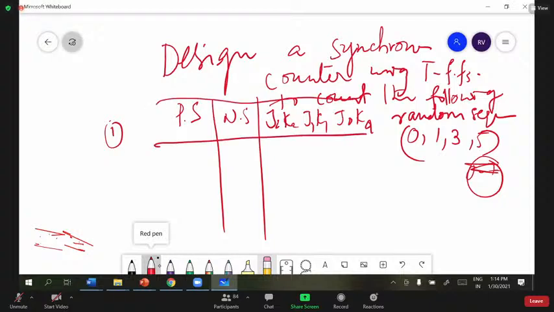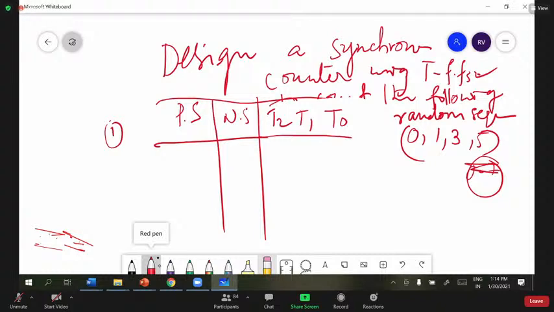This is not JK. This is only with the T flip-flops, right? So with T flip-flops, what can I write here, just tell me. Data. That's it, right?